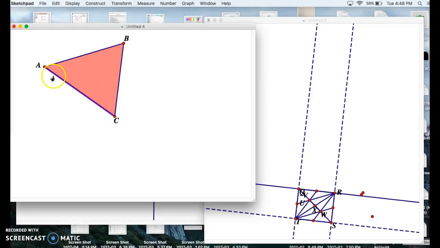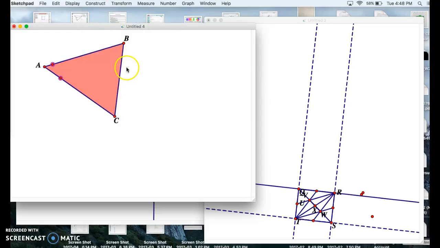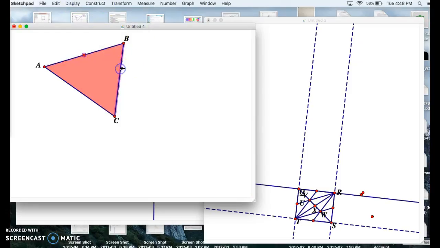Next, we need to find the midpoint of the segments opposite these vertices. So bring the cursor back here, put it right there, construct midpoint on the segment. Ooh, that's not right. Construct midpoint. There we go.